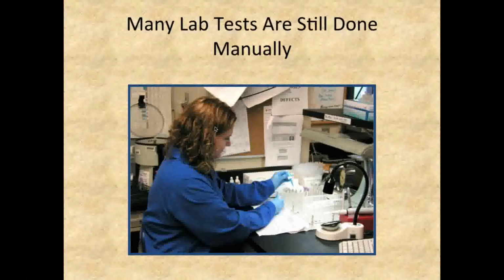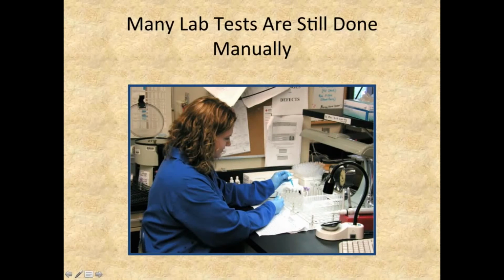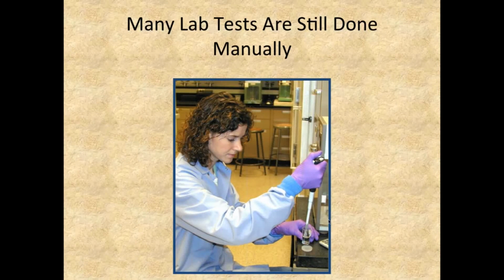These run in the neighborhood of $100,000 to $500,000, depending on what they do and how sophisticated they are and how fast they run and lots of different factors. But once a lab has made that initial investment, the labor savings will help offset that expense of the purchase.